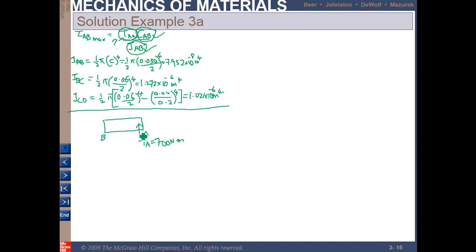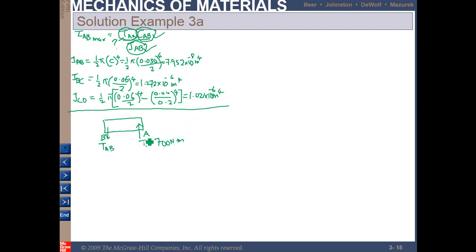So when you twist the rod at point A clockwise, the other end will resist in the opposite direction. So if this is going up, this will go down. Okay, so you have to find the equilibrium in order to find the value of internal torque at AB.